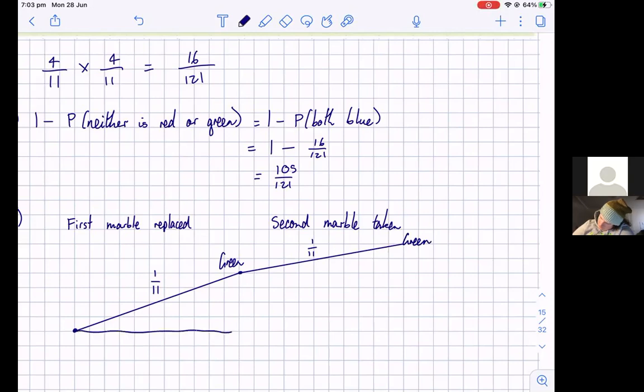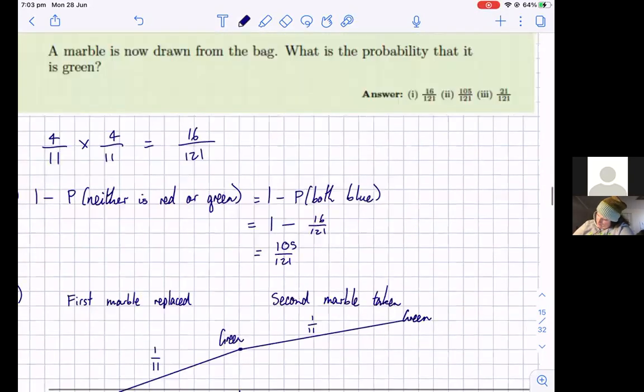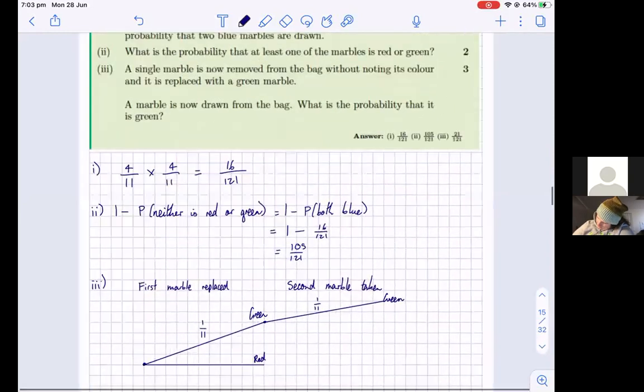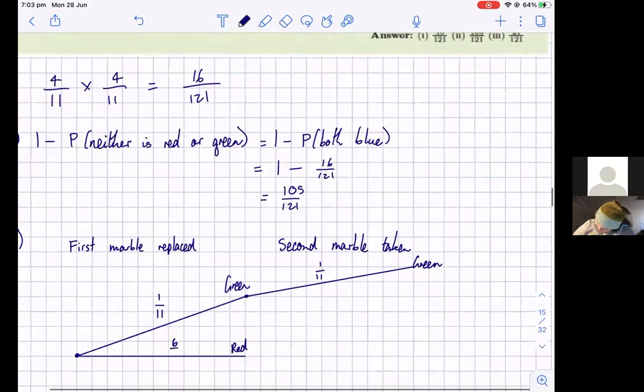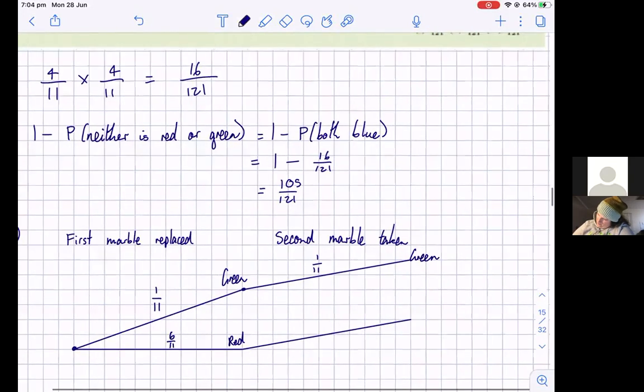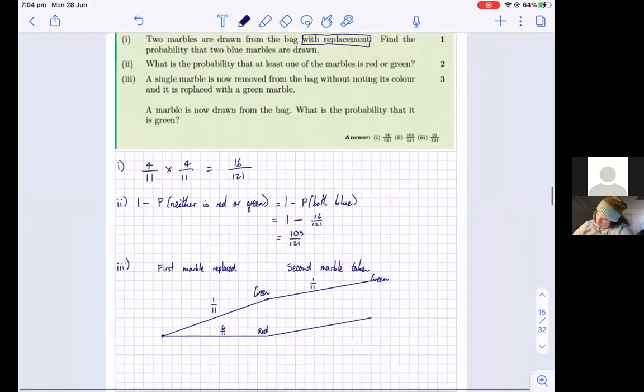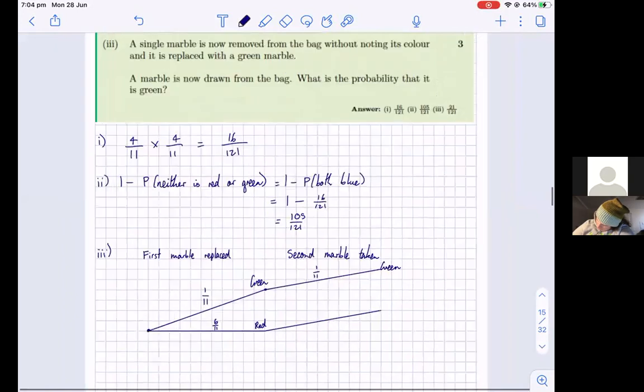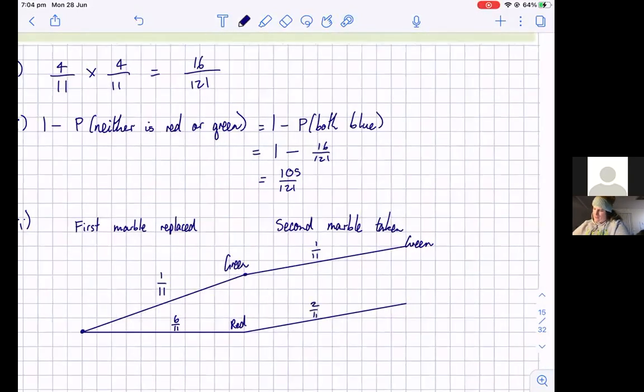If the first marble they took out was red, which is a 6 on 11 chance, then the probability of the second marble they take out being green, well, we had 1, now we've got 2 out of 11.